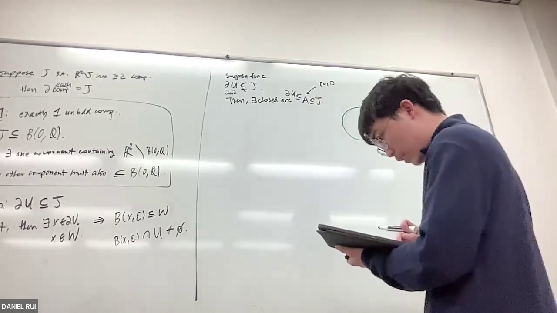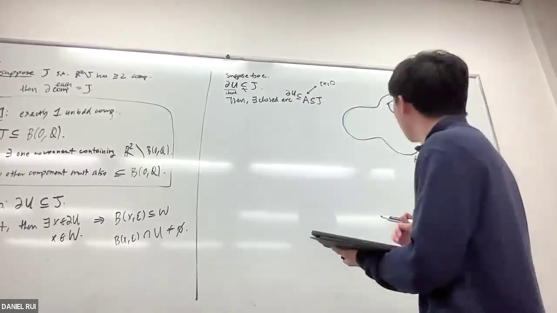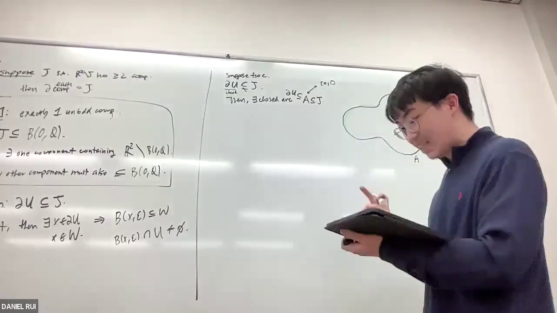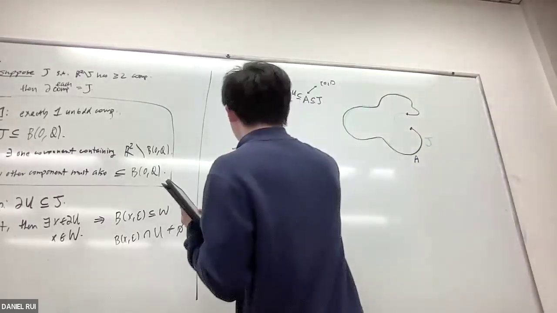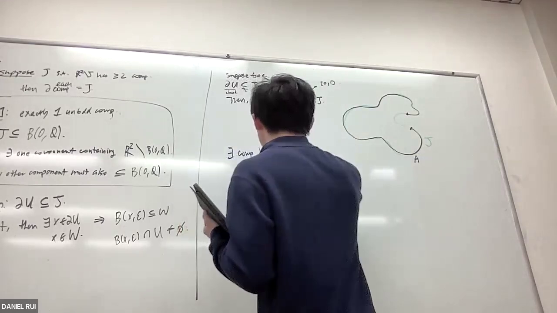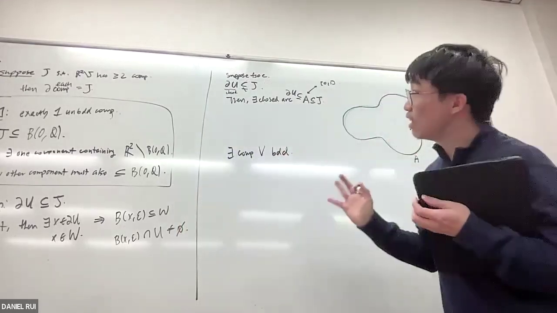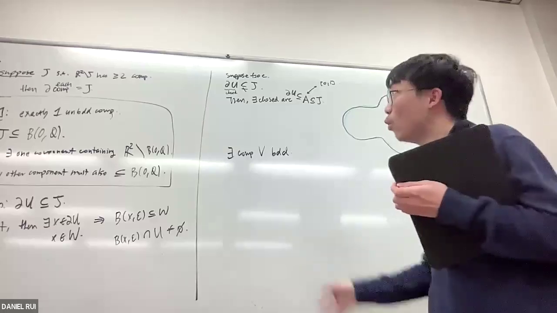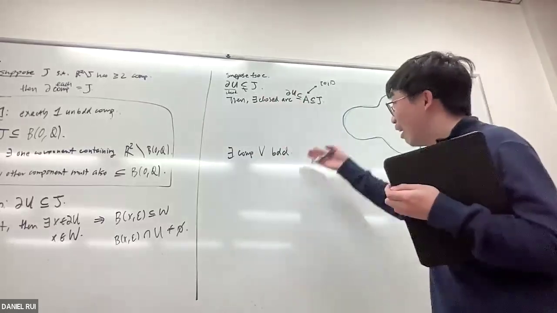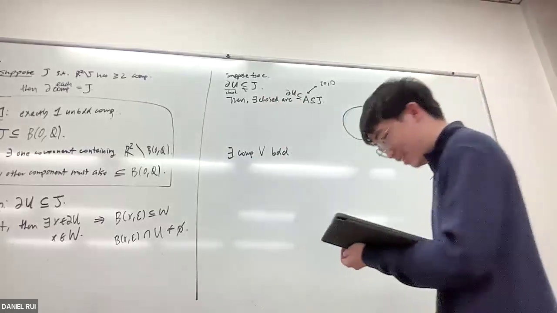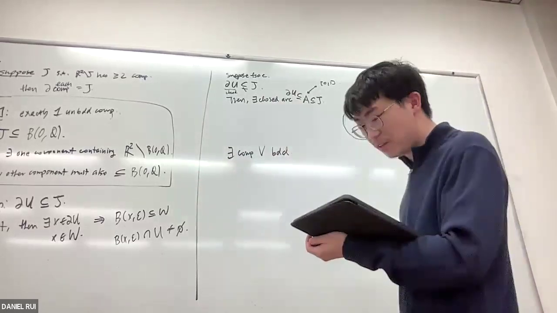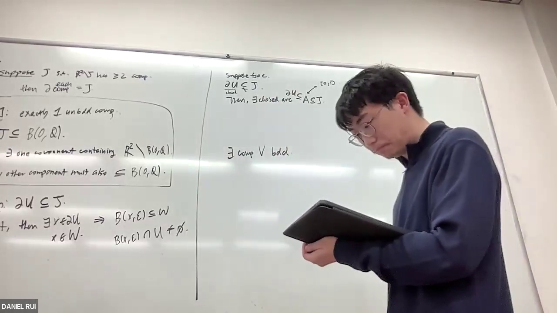So now what? We assumed that there were greater than or equal to 2 components, and we know that exactly 1 is unbounded. So there must exist some component V which is bounded. That's where I'm using the assumption that I have greater than or equal to 2 components. I know 1 is unbounded, and so the other one, which exists because 2 is bigger than 1, is bounded. If U was bounded, I can take V to be U. That's totally fine.